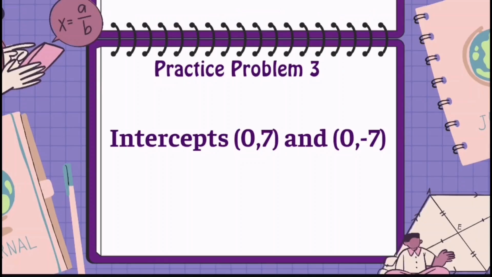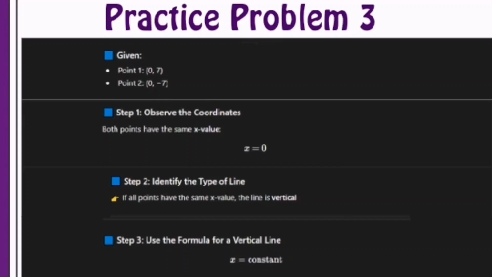So let's go to problem 3, where the intercepts are (0, 7) and (0, negative 7). So the given are point 1, which is (0, 7), and point 2, which is (0, negative 7). Step 1 is observe the coordinates carefully.